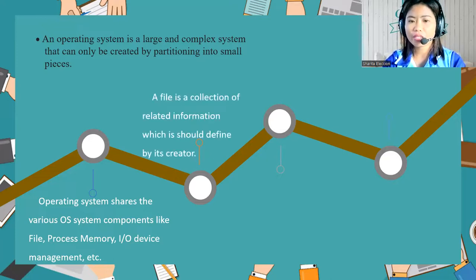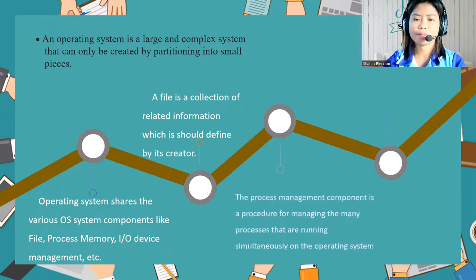A file is a collection of related information, which should be defined by its creator. Any file with related information is saved or stored in your memory as defined by the user.